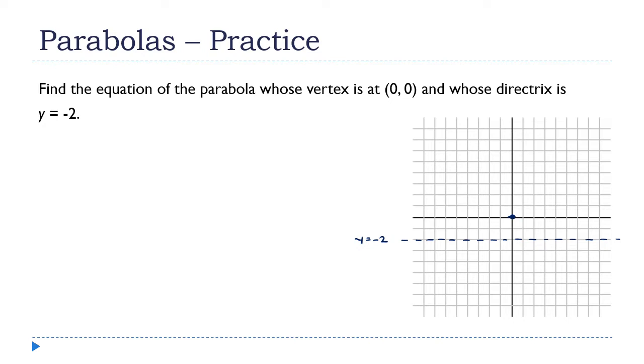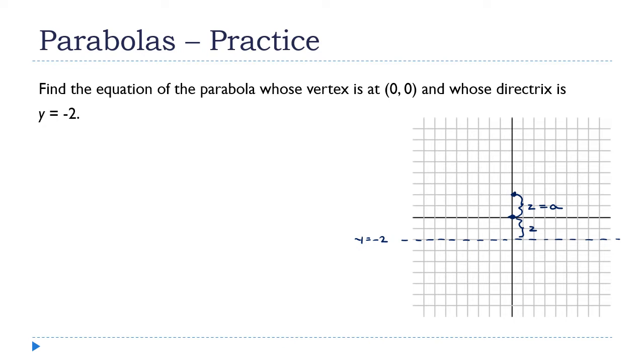So if the directrix is down here, the focal point has to be up here. And this distance is going to be the same for both of them. And that distance is my a value.